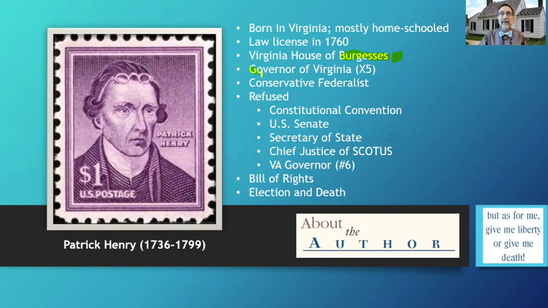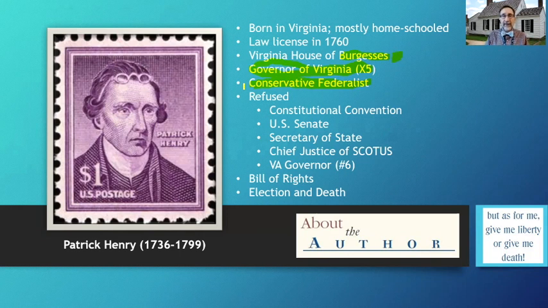He was elected governor of Virginia a whopping 5 times. So he was certainly popular with the people. And he was a conservative federalist. What that means, so those of you who have listened to the music from Hamilton, you know that it wasn't long after this country was formed that political parties quickly followed. And your original parties were your Democratic Republicans and your Federalists.